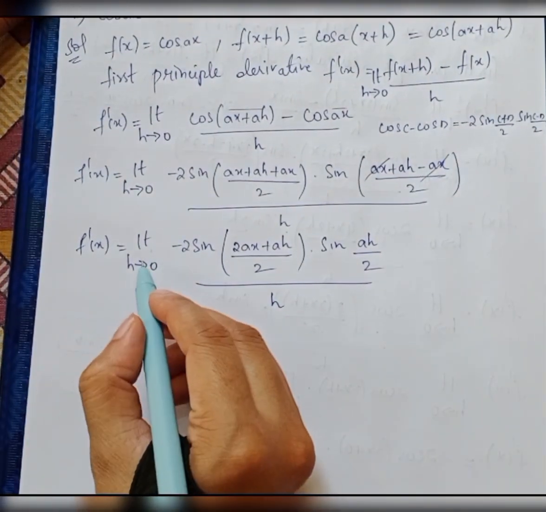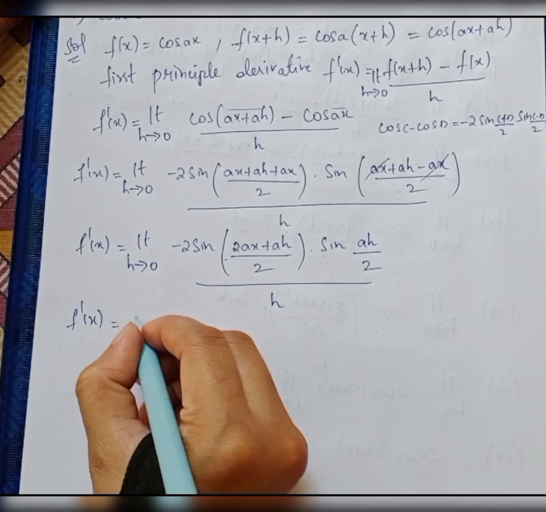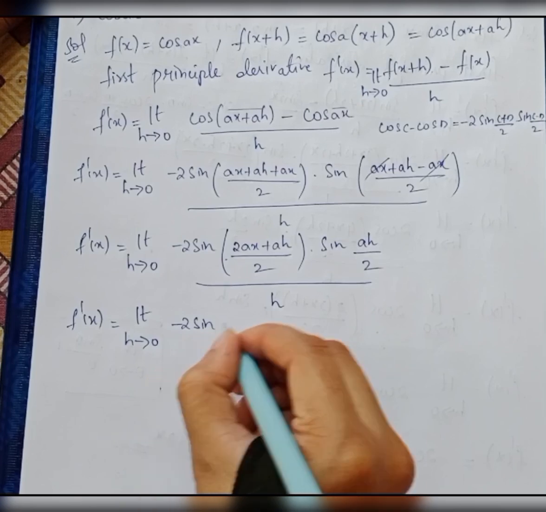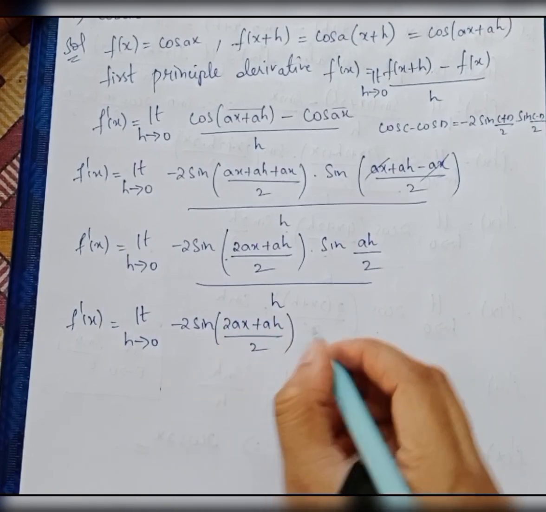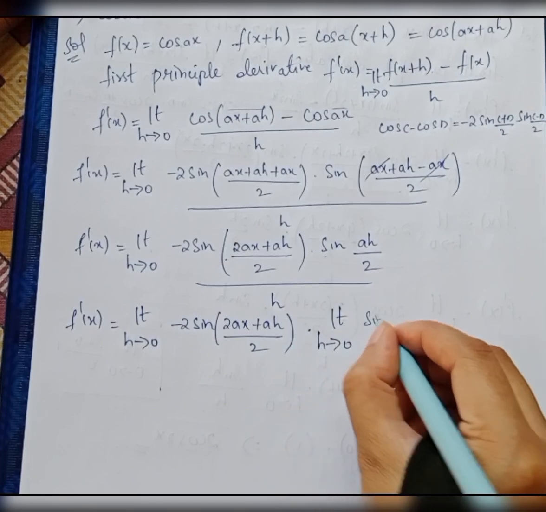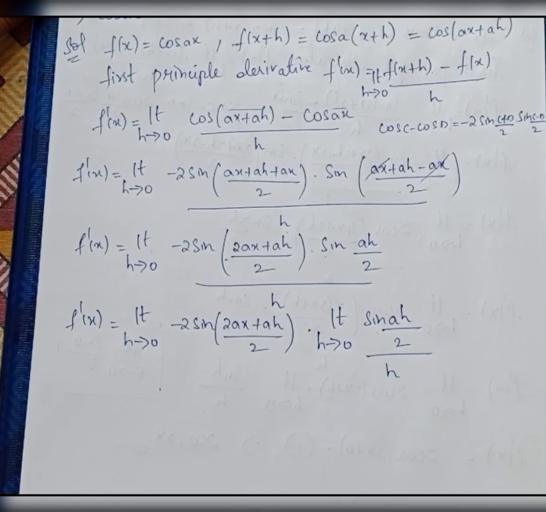Now writing this limit to both the terms, f'(x) equals limit h tends to 0 minus 2 sin((2ax + ah)/2) into limit h tends to 0 sin(ah/2) by h.